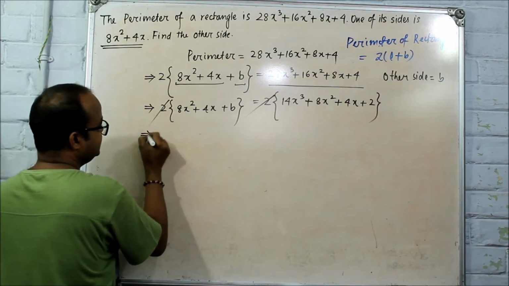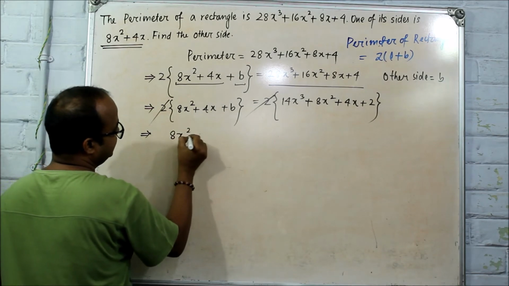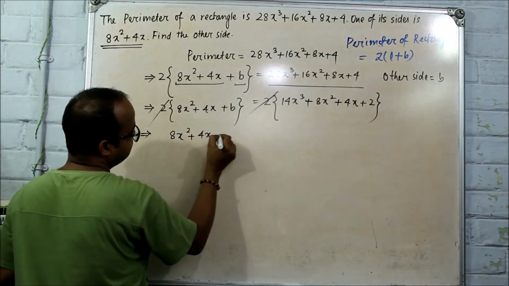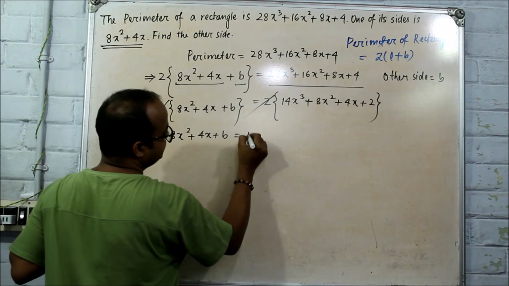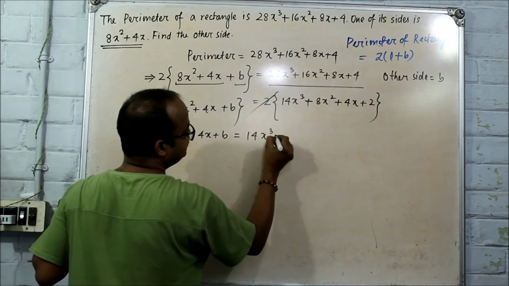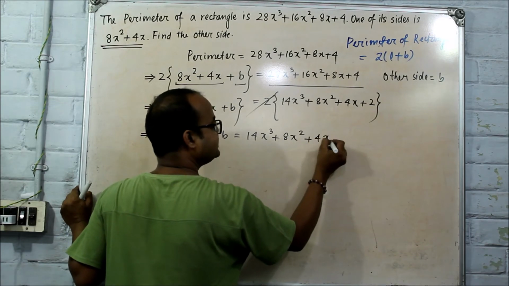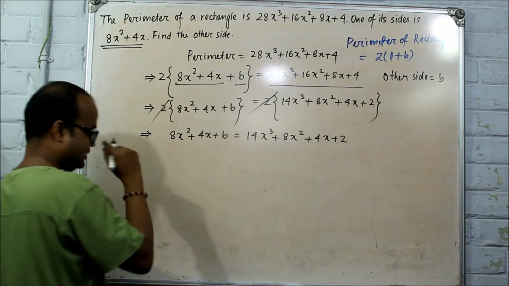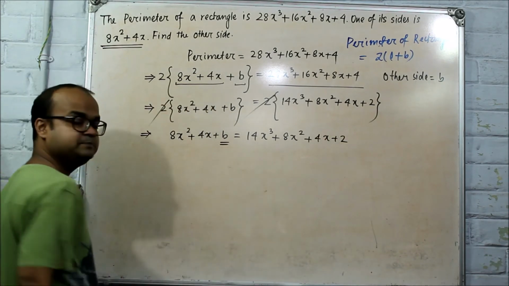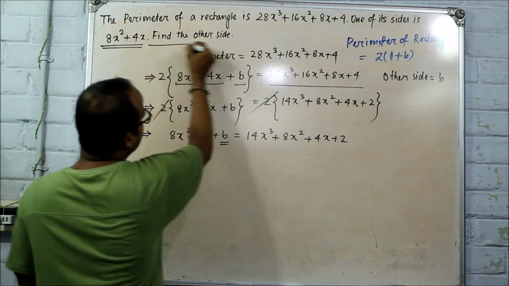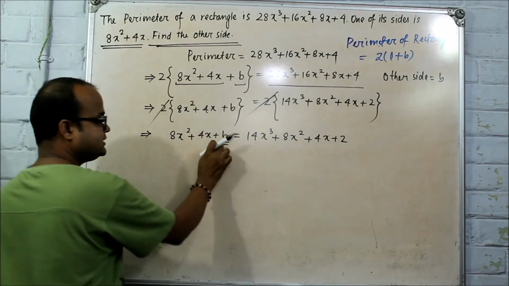So it means 8x square plus 4x plus b is equal to 14x cube plus 8x square plus 4x plus 2. Now we have to find out the value of b. We consider the other side as b.